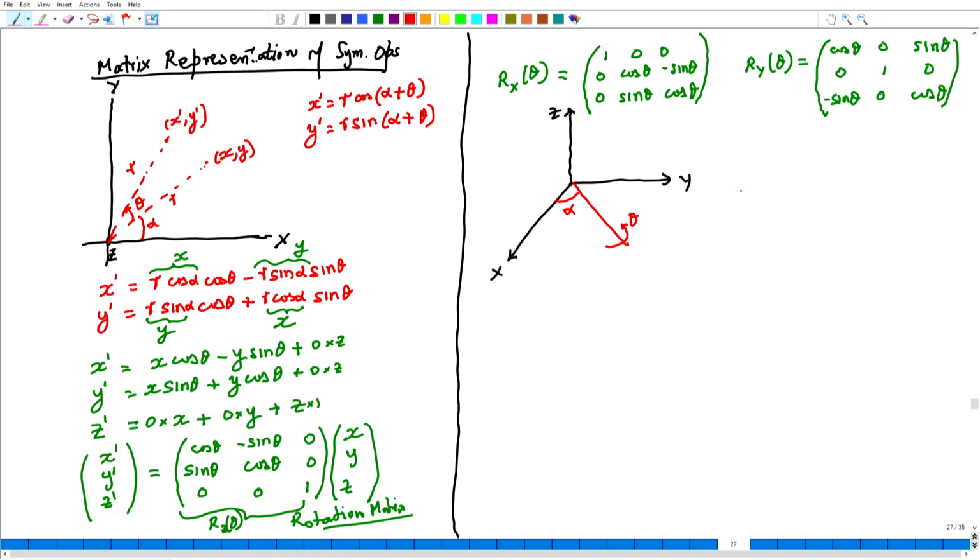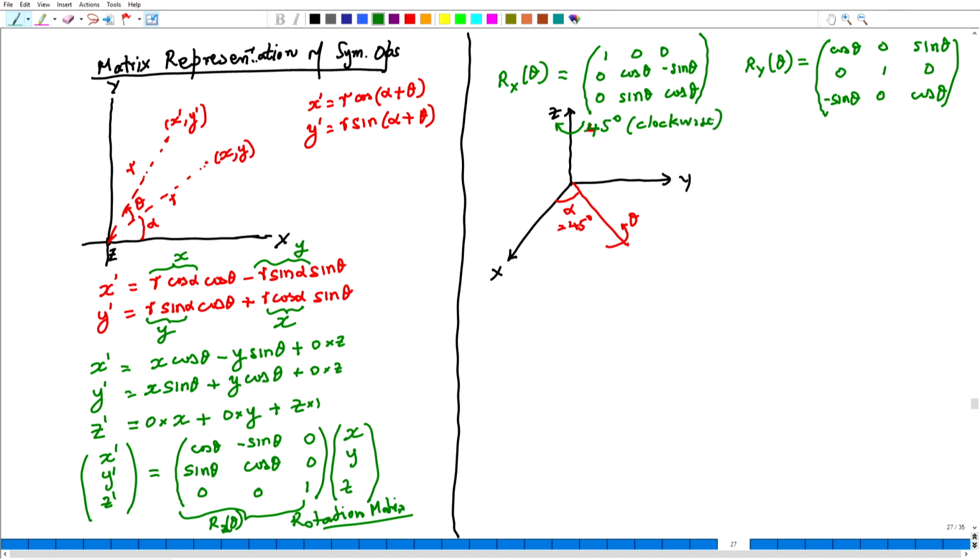Then I can find the rotation about this axis in the following manner. I first do a rotation about the z axis, and let us say that this alpha is actually 45 degrees. Then I do a rotation of 45 degrees, or rather I do a rotation of minus 45. So, this is a rotation, if you look along the z axis, this is going to be a clockwise rotation.